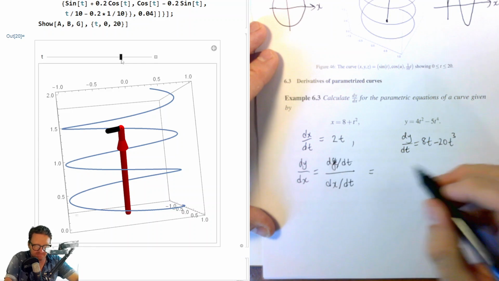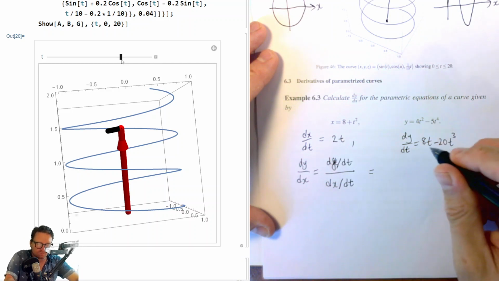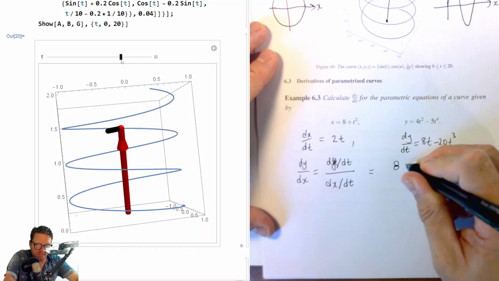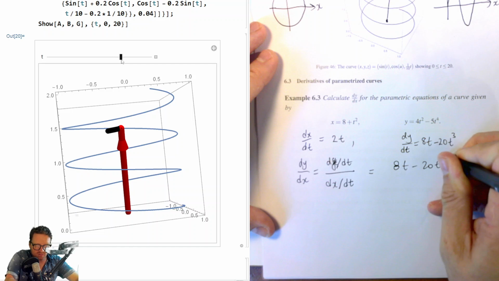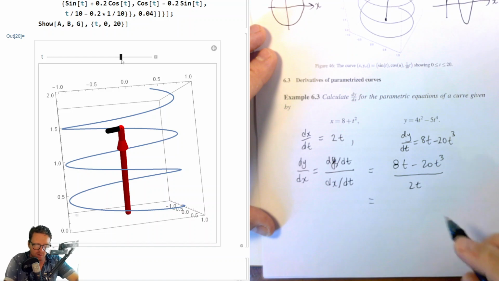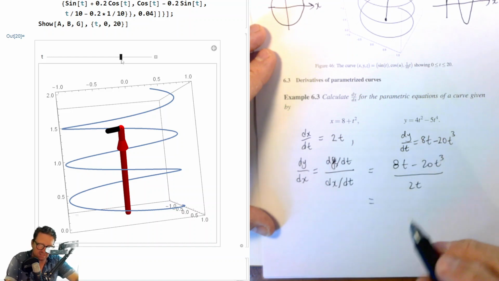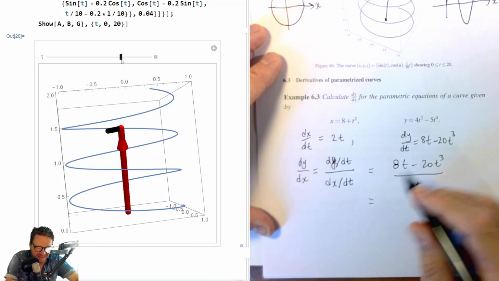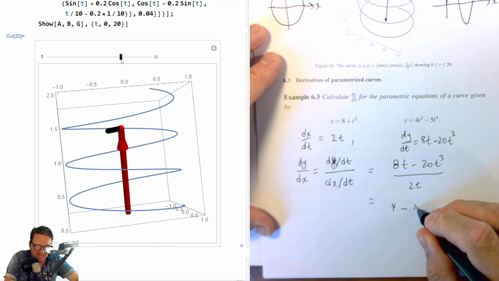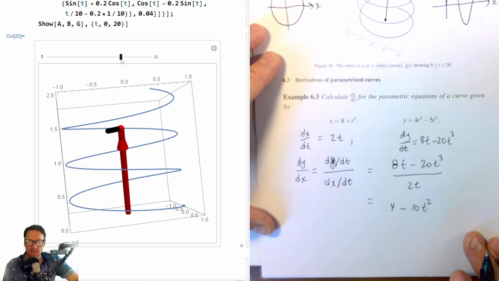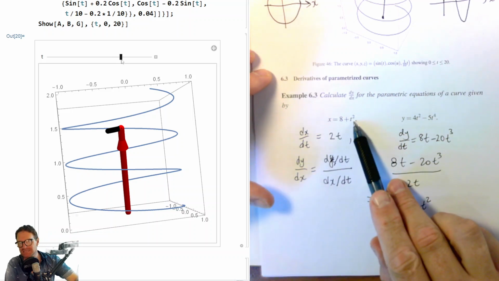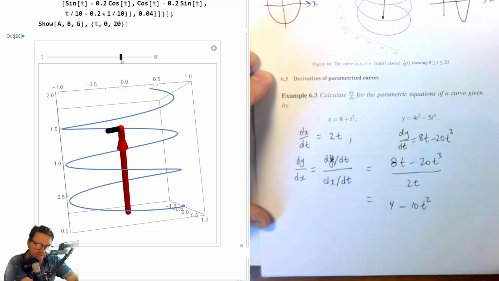And so that is 8t minus 20t cubed over 2t. And so now we can divide the t into the numerator and cancel a t. So we have 4 minus 10t squared. Okay, now can we relate this to x again? Well, that looks easy in this case because t squared is x minus 8.